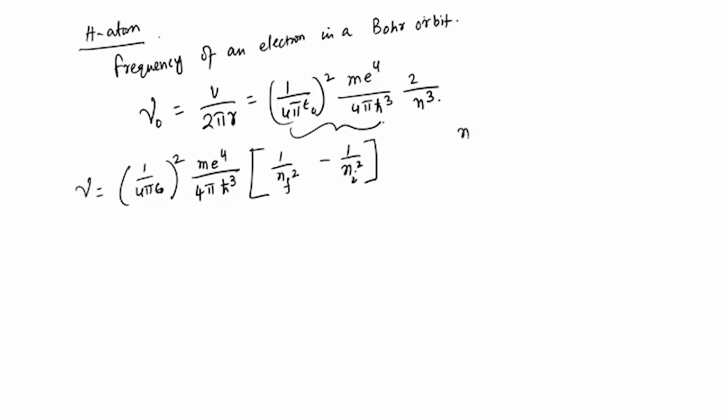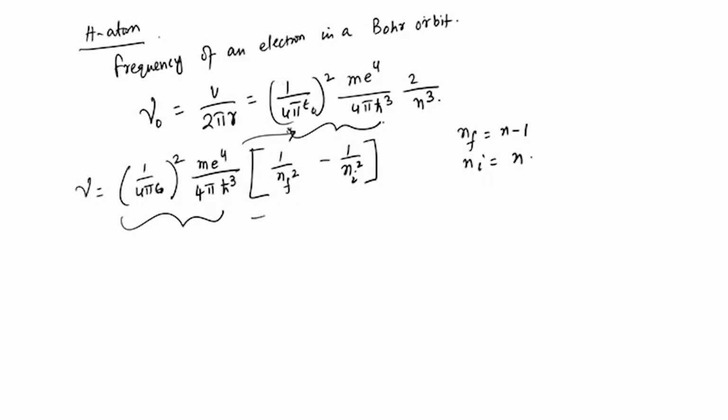Let us take nf to be n minus 1 and ni to be equal to n. You remember that the factor you see here is the same as that.